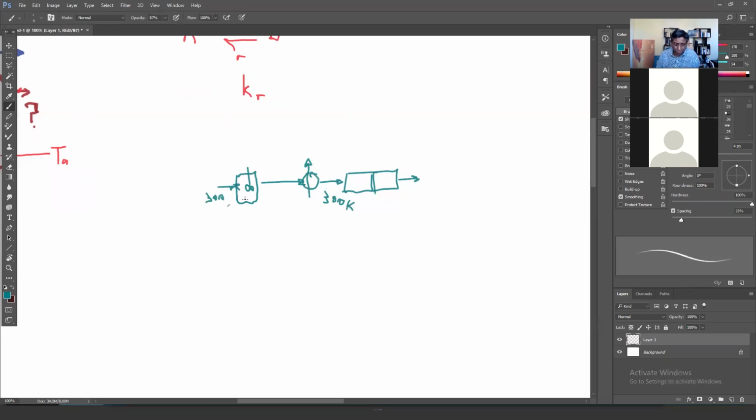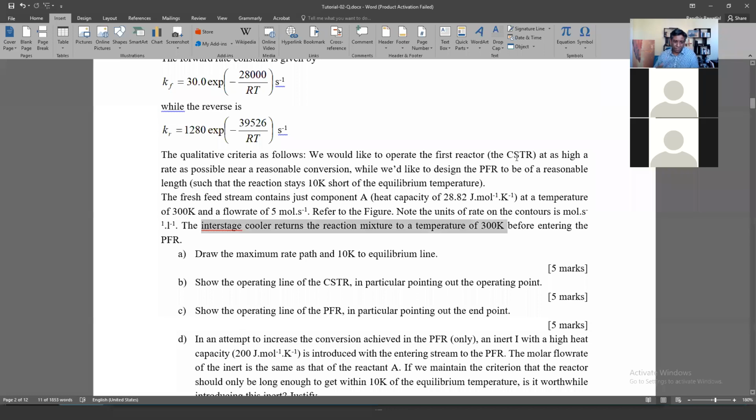So something's going to happen in here. It's going to heat up or cool down, and then we'll get a different temperature here. And we know it will be higher. This is a cooler. We'll come back to 300 Kelvin, and then we'll come out at some temperature here. And we know this is something like 10 K shy of equilibrium. Right, so always work with a little sketch. It's going to be much easier to keep track of everything.